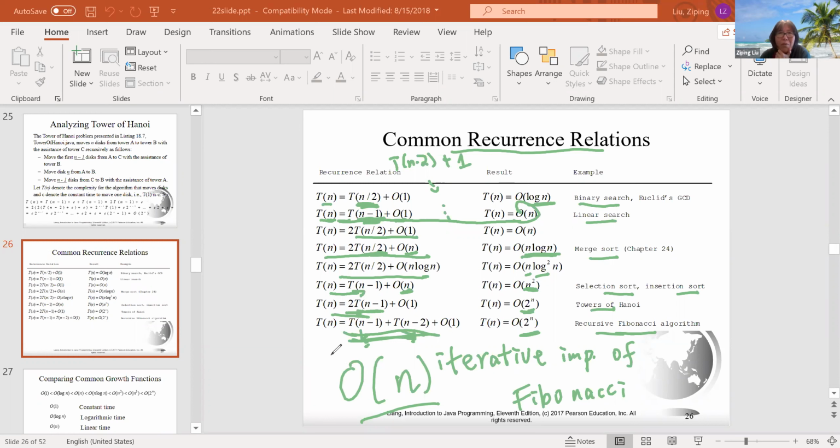I think I'm right. So it's linear. With recursion, clearly from the Big O we can see this is not efficient.